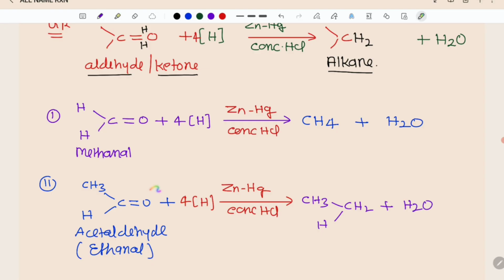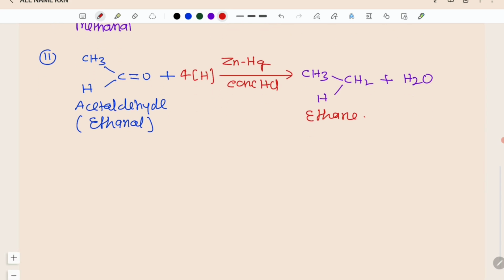Here there is a carbonyl group. This carbonyl group is reduced to a methylene group. So the alkane produced in this reaction is ethane.